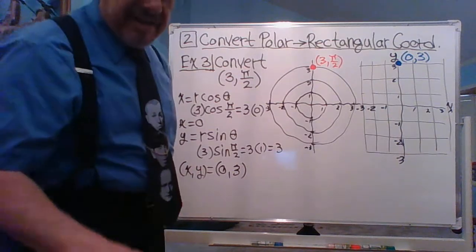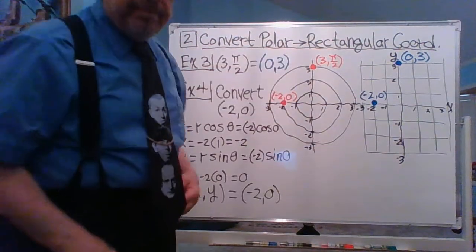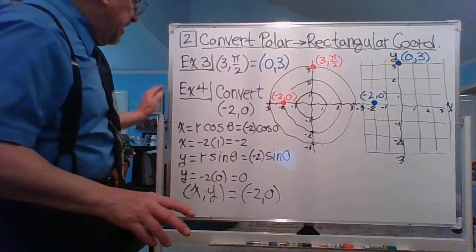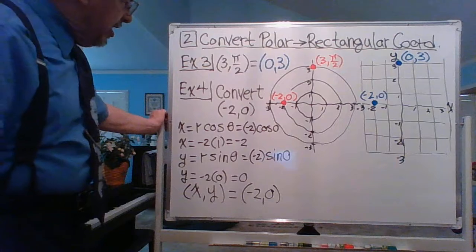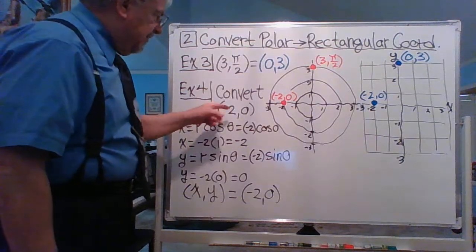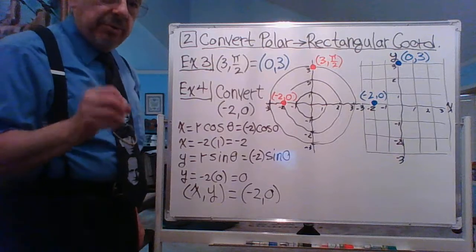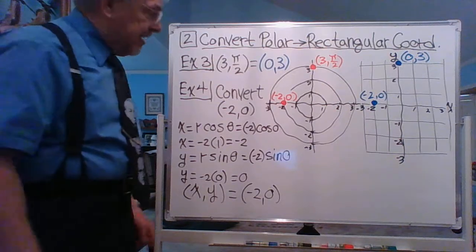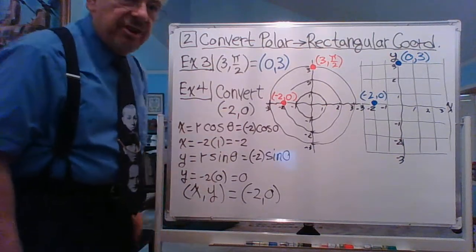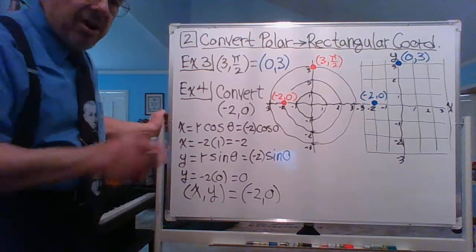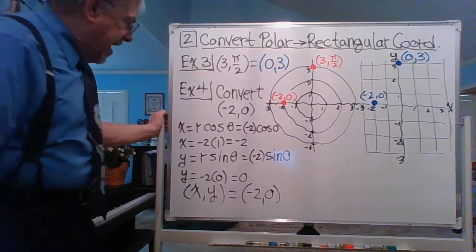Let's look at another example. My next example is going to be example 4, where we're going to convert the point -2, 0. So -2 is the radial, the r factor, and 0 degrees, which means it's right on the horizontal axis.